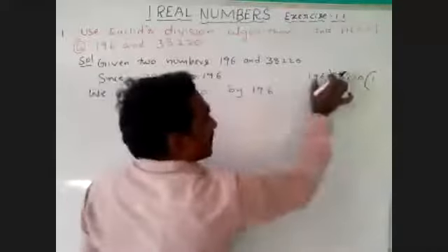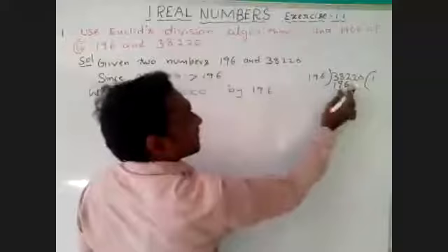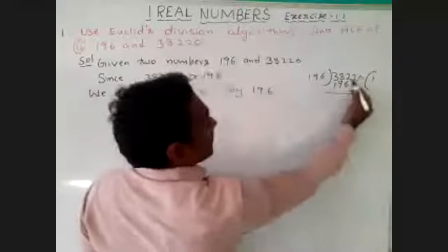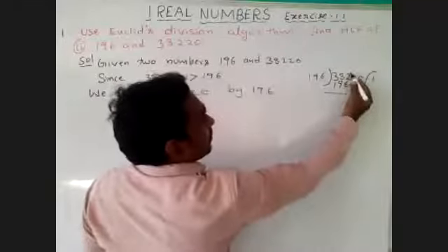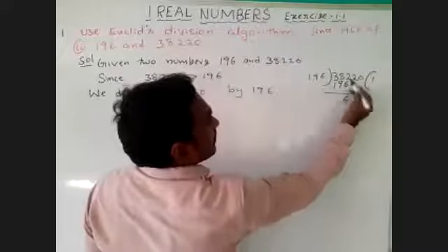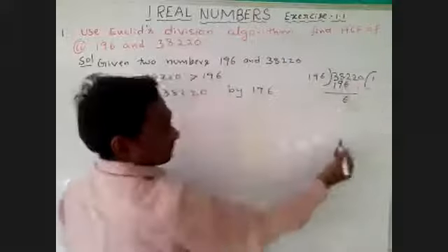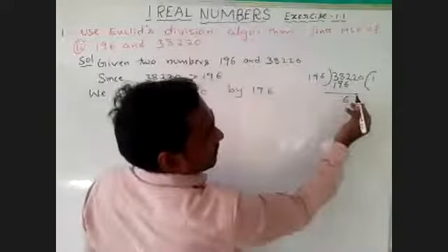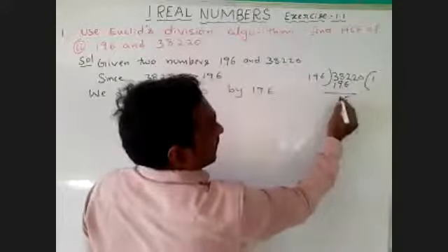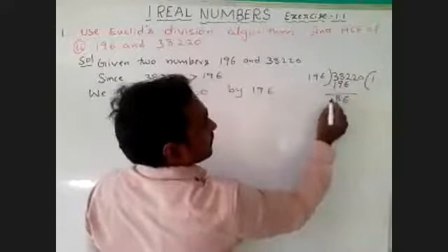So 196 ones are 196. Here subtract: 12 minus 6 is 6, 17 minus 9 is 8, 2 minus 1 is 1.